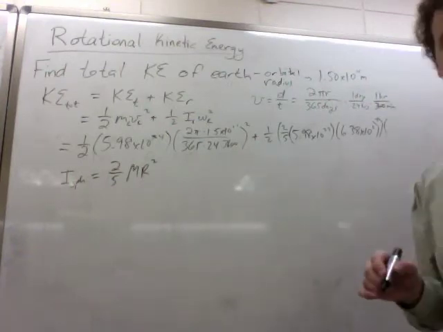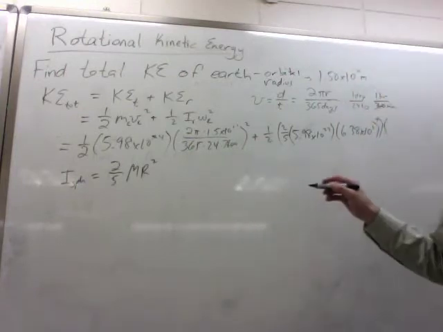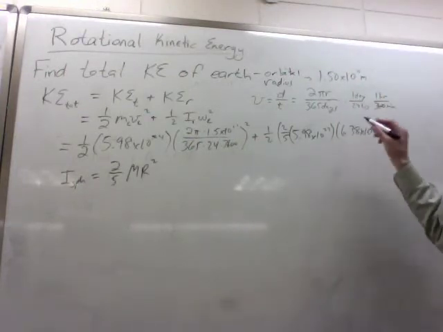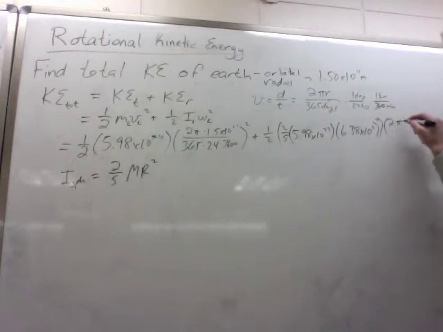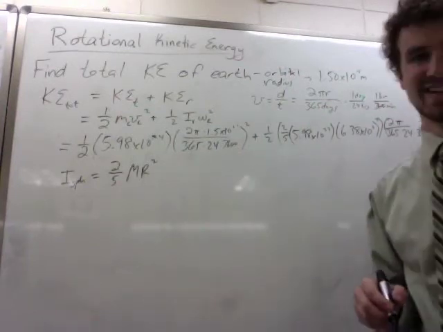And our omega is just our angle divided by time. So it's the same as the velocity without the radius: 2 pi over 365 times 24 times 3600, squared.